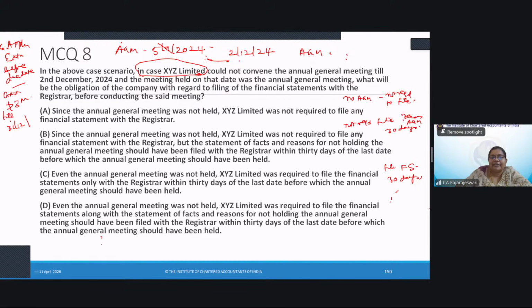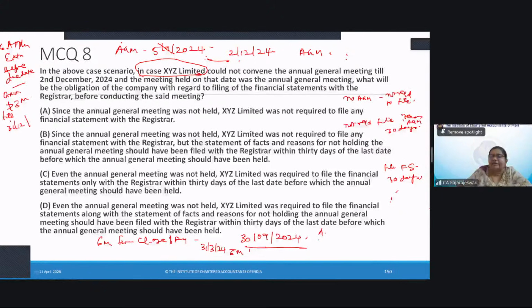It should have been held within 6 months from the close of the financial year. So every company should hold the annual general meeting on or before 30th September 2024. That is the last day. If the accounts were closed on 31/3/2024, from that date 6 months, so 30th September it should have been held.